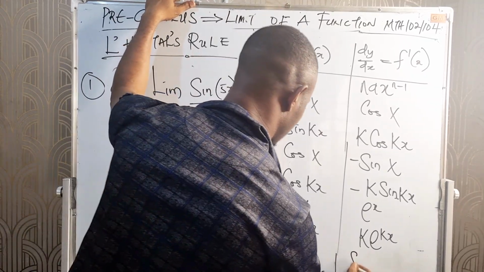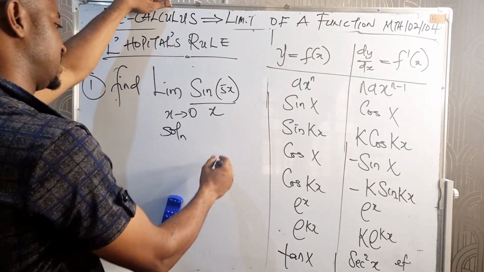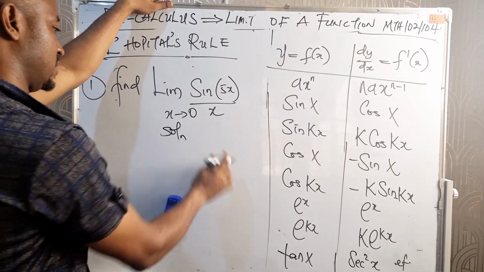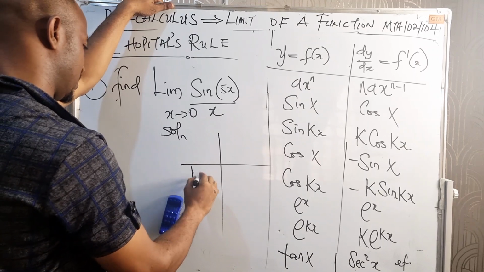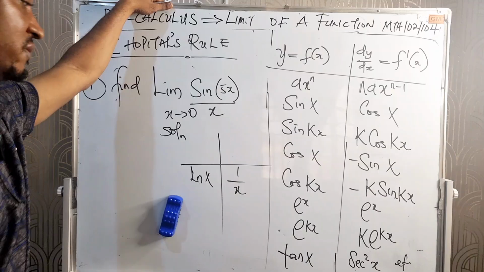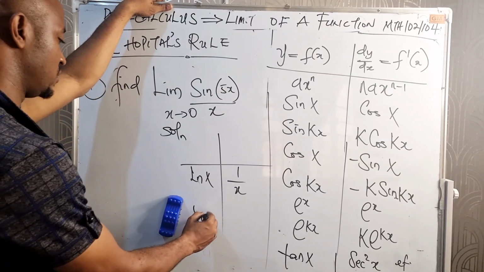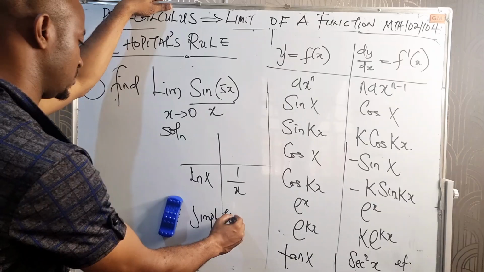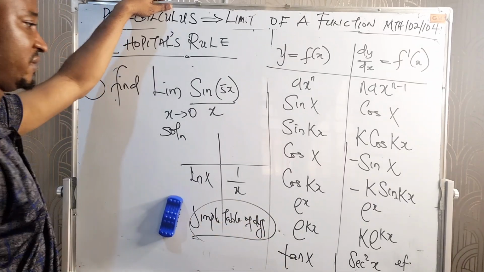Differentiate tan x, the result becomes sec square x, etc. If you differentiate ln x, the result is 1 over x. Take note of all of this. These are just a simple table of differentiation.